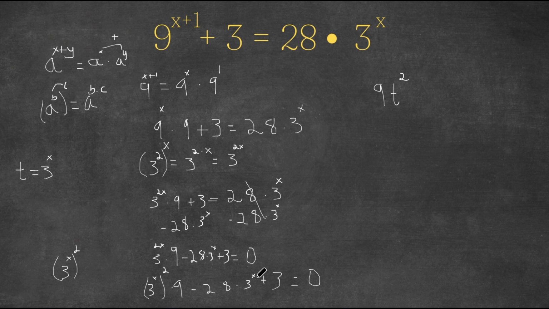Remember, 3 to the power of x is t, so we have minus 28t. And we simply have plus 3 at the end. And this equals 0.